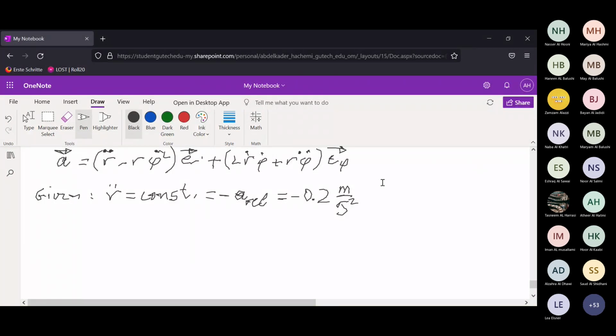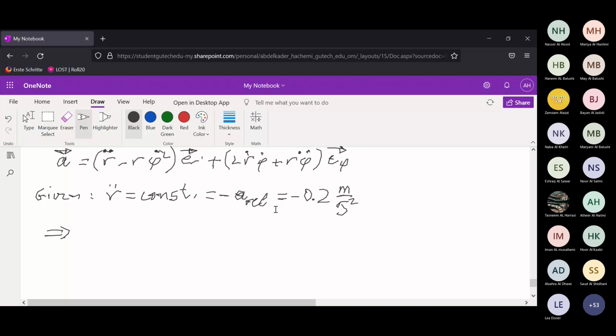We can write that here, if we make r double dot constant, that means if we integrate this, the integration of r double dot will give r dot, and we integrate minus a relative with respect to time.